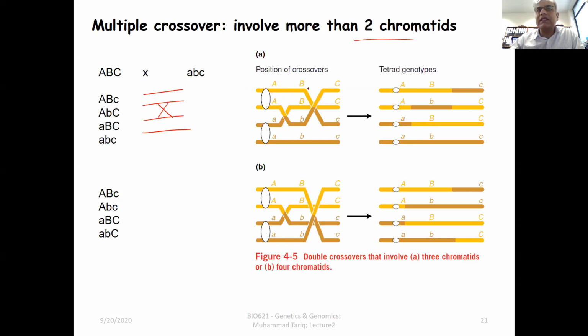Even this chromatid is crossing over. Here, all 4 chromatids are crossing over. These 2 chromatids are crossing over, and even these ones are crossing over. So crossing over can give you quite challenging and confusing results. We do this when we map tetrads, we do it in yeast. Such experiments are really interesting to perform.